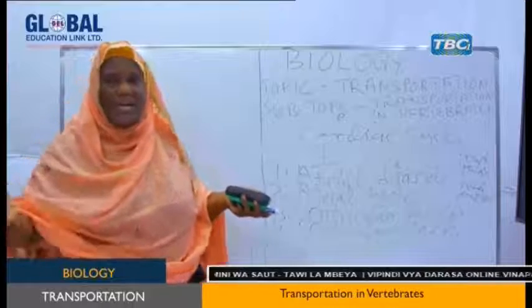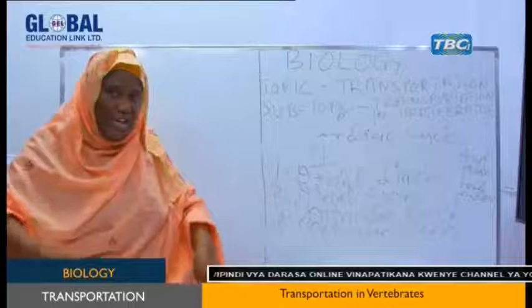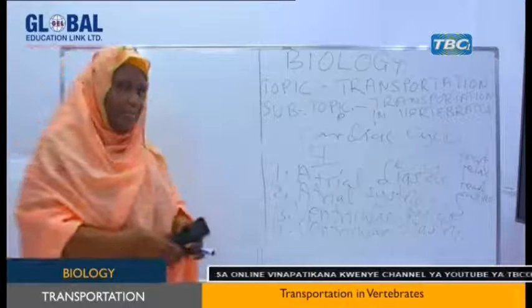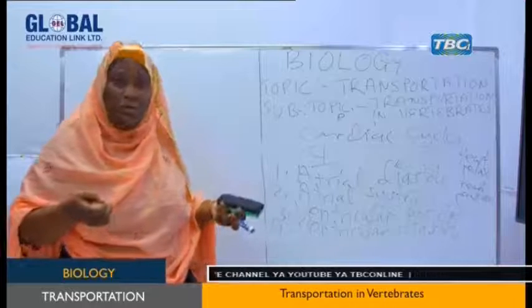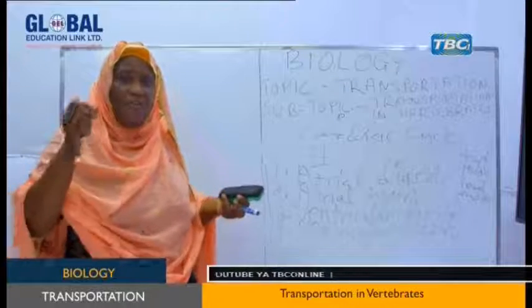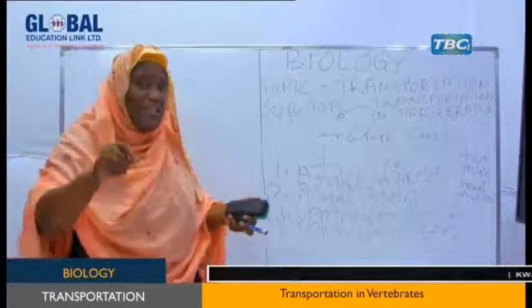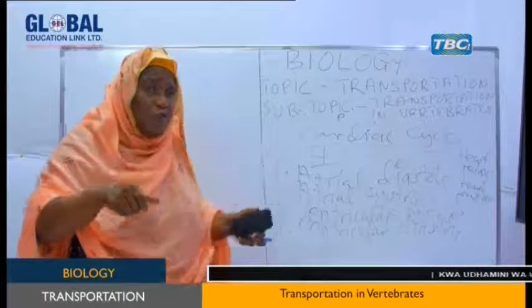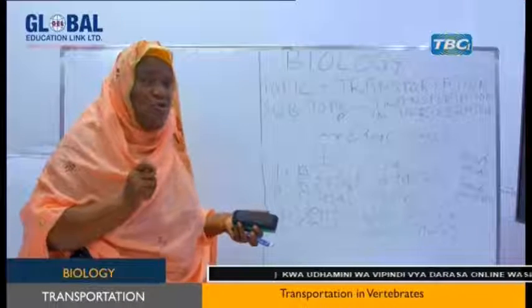That is, bicuspid valve and the tricuspid valve will be pushed downwards. This will allow blood to flow now from atrium to ventricle. Mind you that in order for blood to flow, it means the atria should contract.